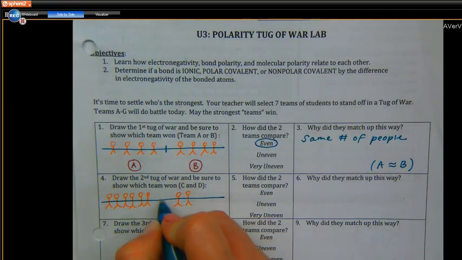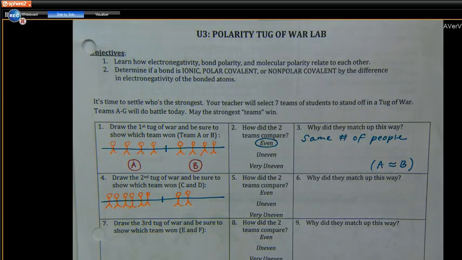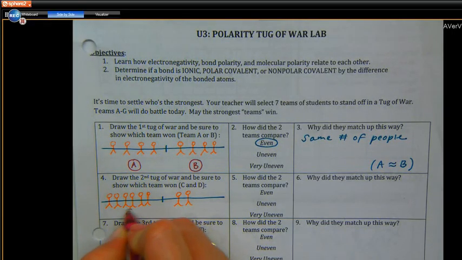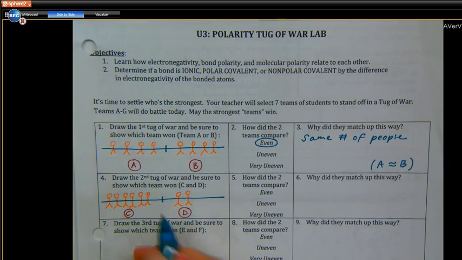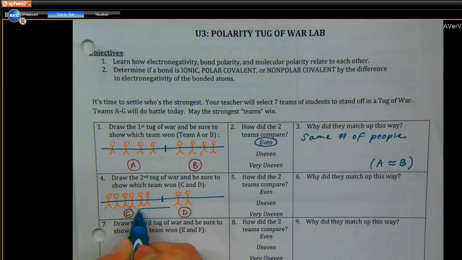In this situation, you might observe or predict that in a tug of war between Team C and Team D, the pull is definitely going to go towards Team C, right? It's going to be an uneven pull because we have an uneven number of people.